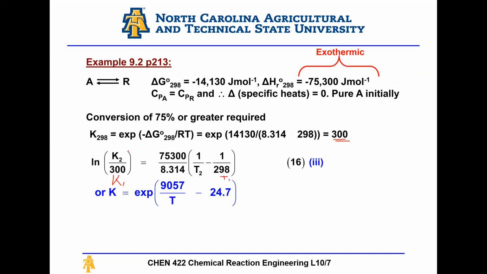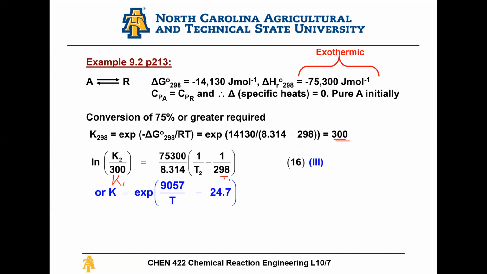If I rearrange this, I can get an expression where K is equal to exponential 9057 over T minus 24.7. And this is an equation of K versus T.